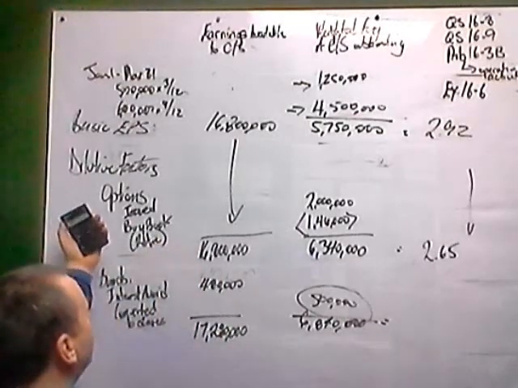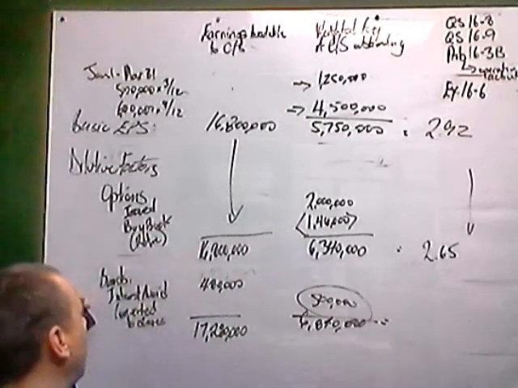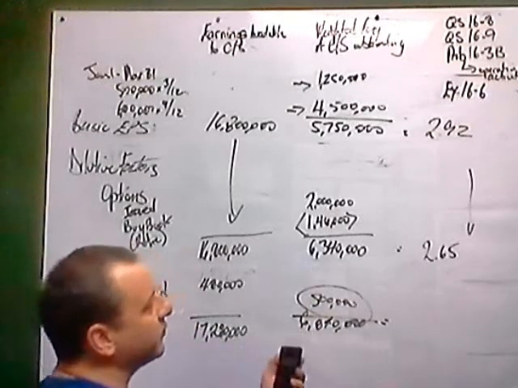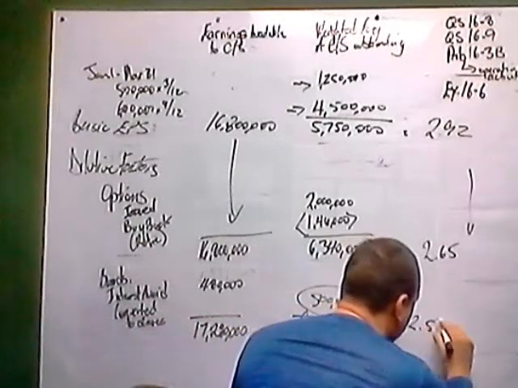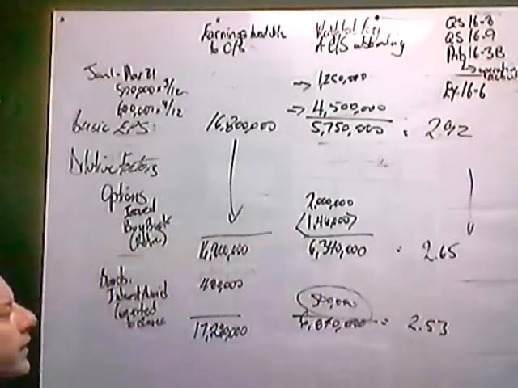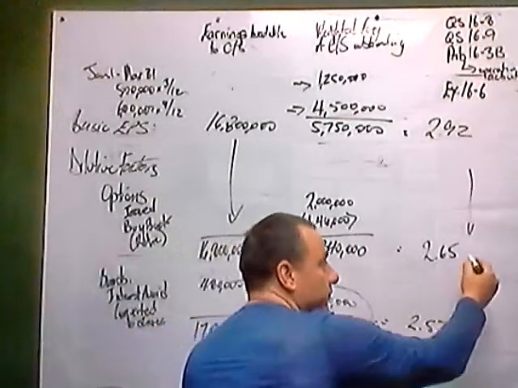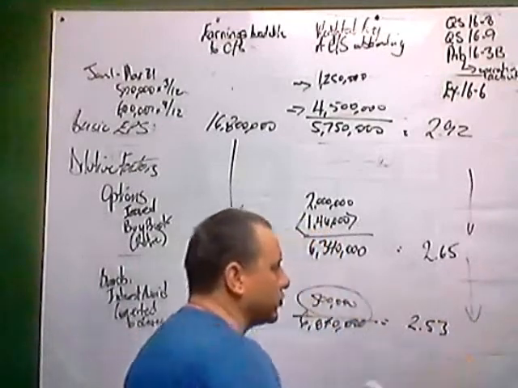Every time that we put a dilutive factor in there, the bonds now take our diluted earnings per share even further down, now to $2.53. Again, it's dilutive, right? So those earnings per share are dropping.